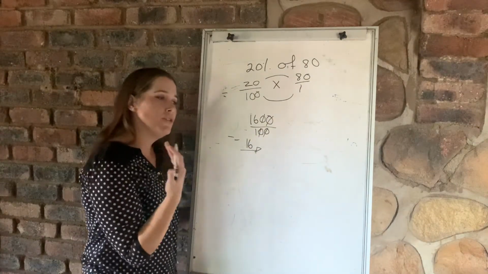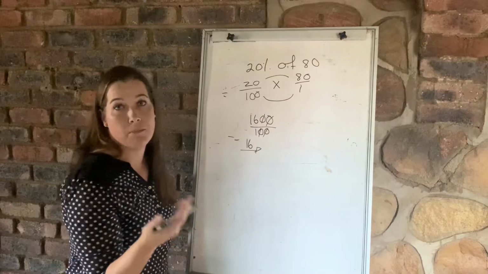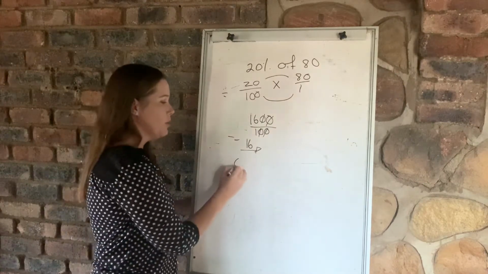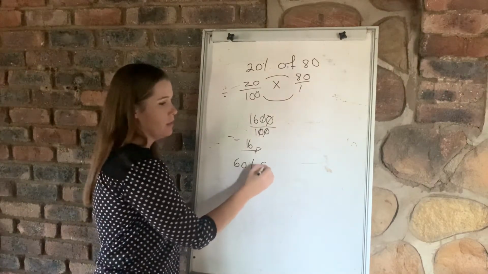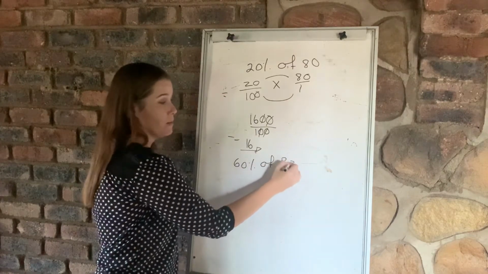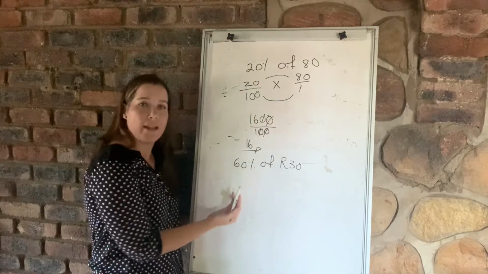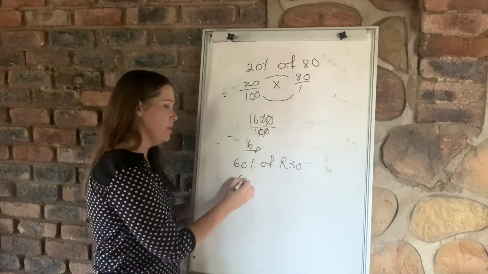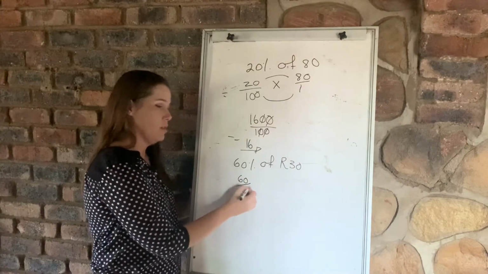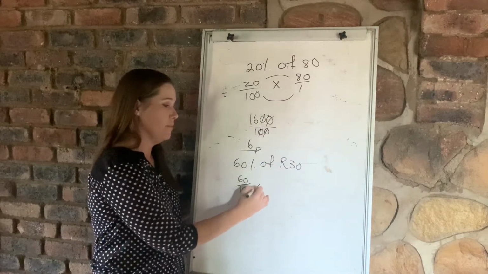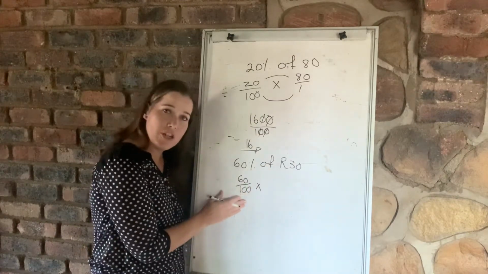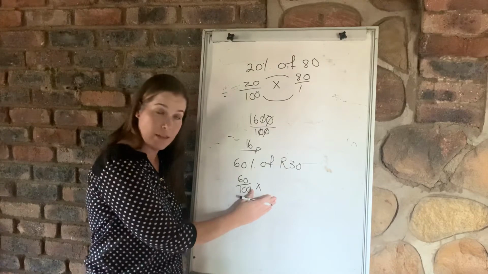Now let's say you use a different unit like money. Let's say we wanted to work out 60% of 30 Rand. It works the same way. All percentages are out of 100. So we put 60 over 100. Of means times. And because I have a fraction on this side, I need a fraction on that side.